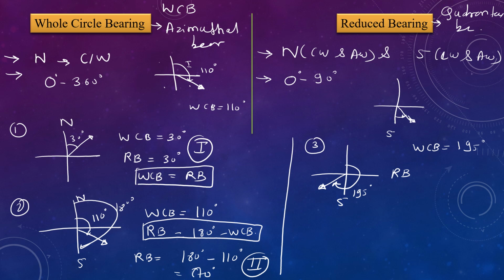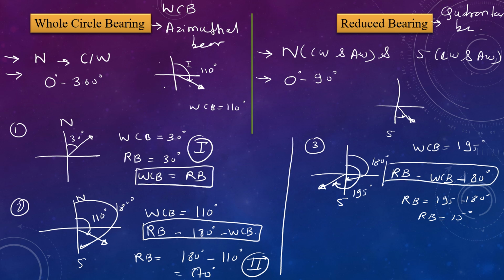So that's why this total is the WCB. And if we subtract this 180 degree value, then we get the value of RB. So RB is equal to 195 minus 180 degree. The RB value is 15 degree here. So this is the formula for the third quadrant.